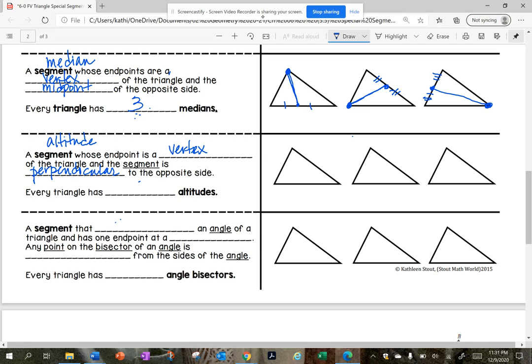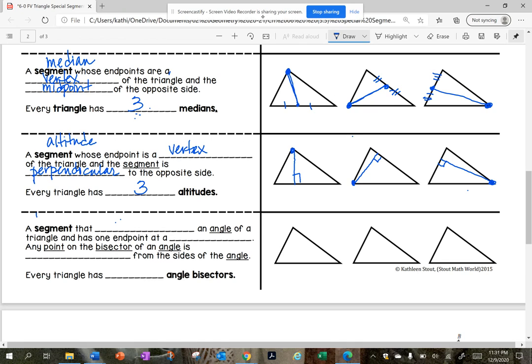And every triangle has three altitudes. So I start at a vertex, and then I'm perpendicular to the opposite side. I start at a vertex, and I'm perpendicular to the opposite side. And I start at a vertex, and I'm perpendicular to the opposite side.